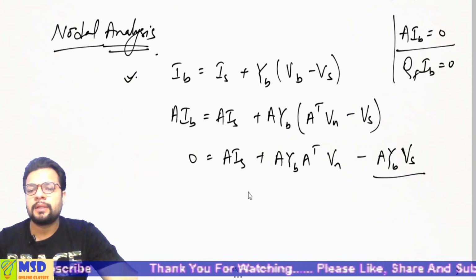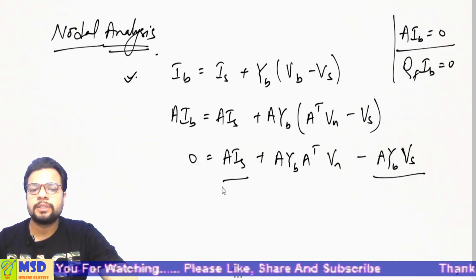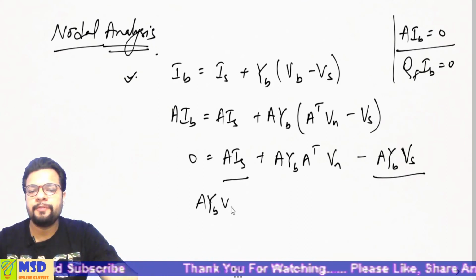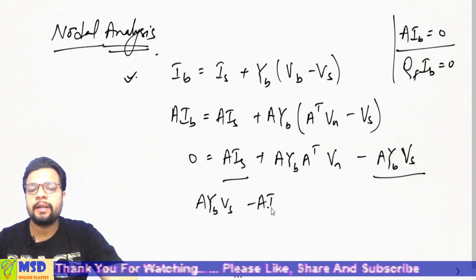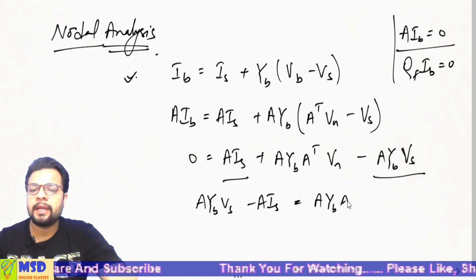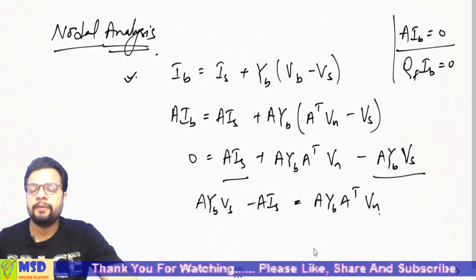Now let me take these 2 terms to the left hand side. I'll get AYB VS minus A into IS equals AYB A transpose into VN.